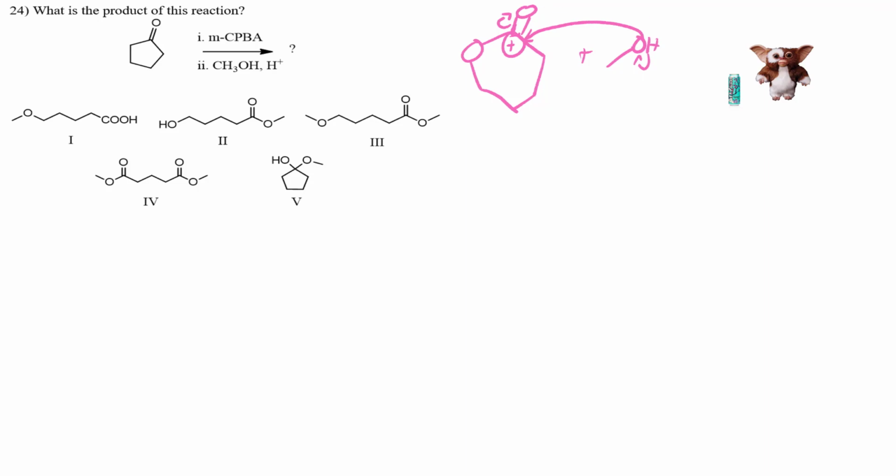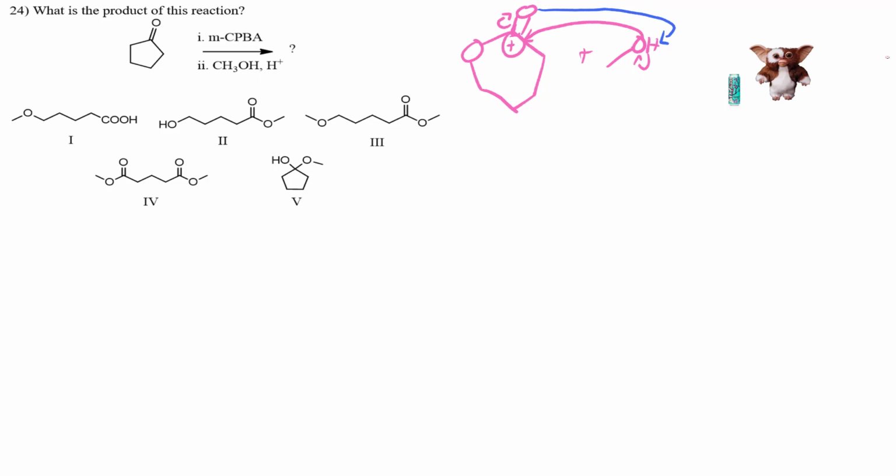Okay. So first, as a recap, we did a Baeyer-Villiger reaction in which we added an oxygen to the overall compound. So we still have our initial 5 carbons, but we're adding oxygen to it. Okay. So here's what we have now.